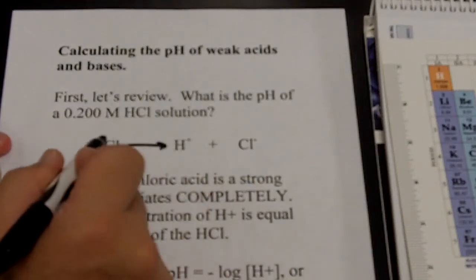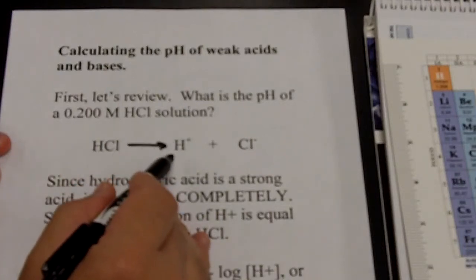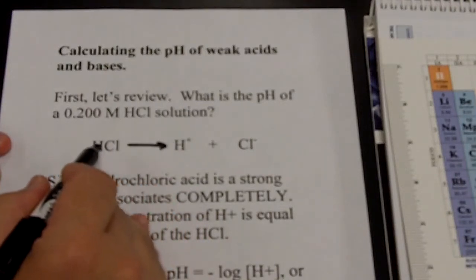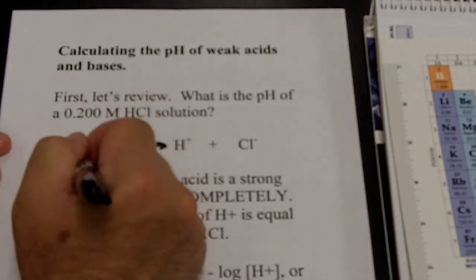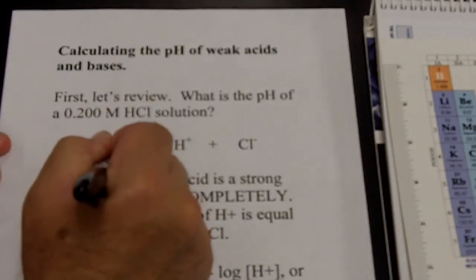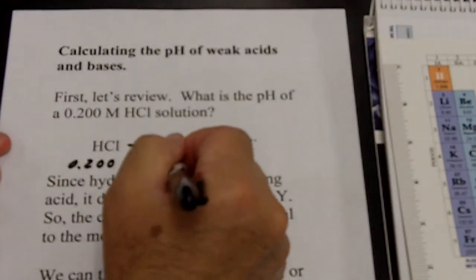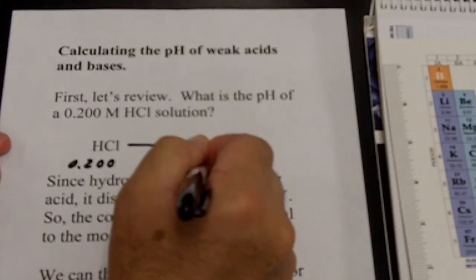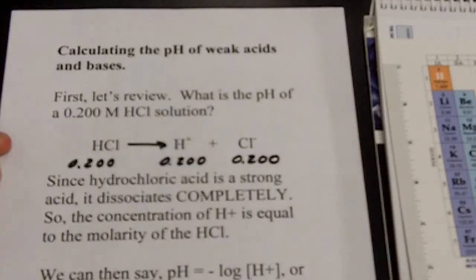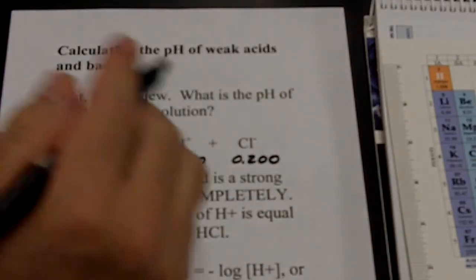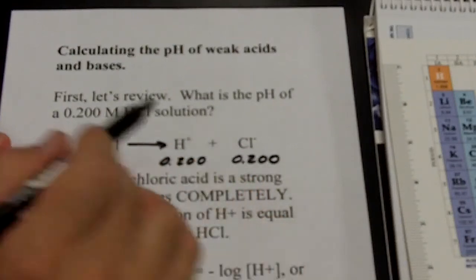That means that because HCl, hydrochloric acid, is a strong acid, whatever the initial concentration of the hydrochloric acid was, and we now know it's 0.200, that's also the concentration of the hydrogen ion, 0.200, and the chloride, by the way, that I don't care about, but it's there, 0.200 molar chloride ion as well.